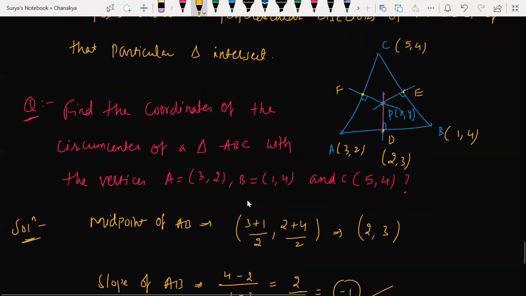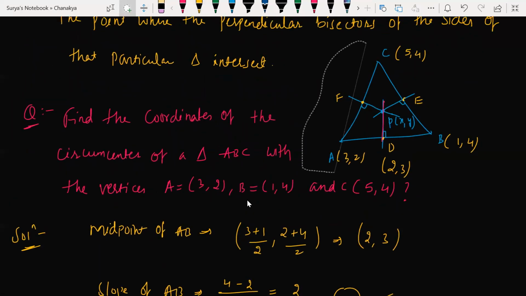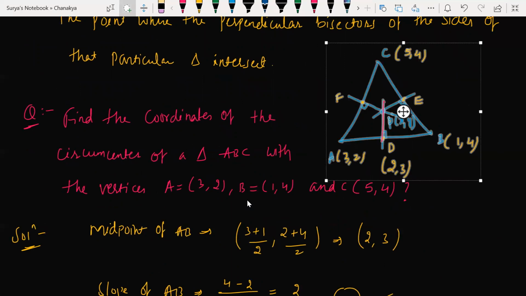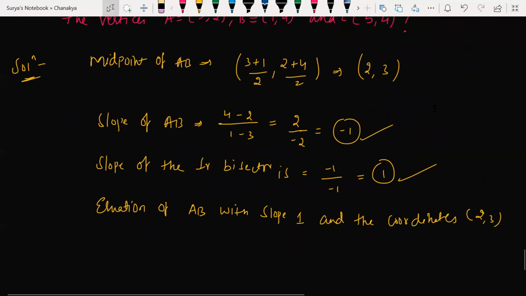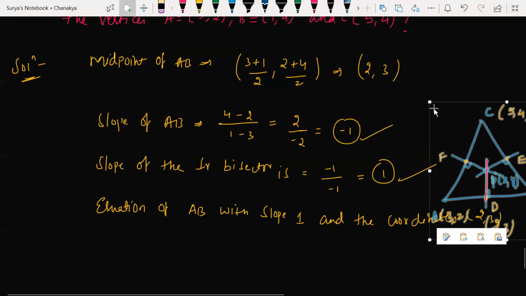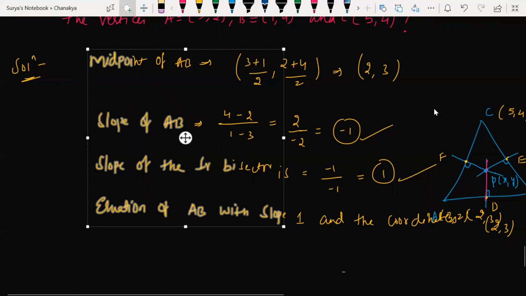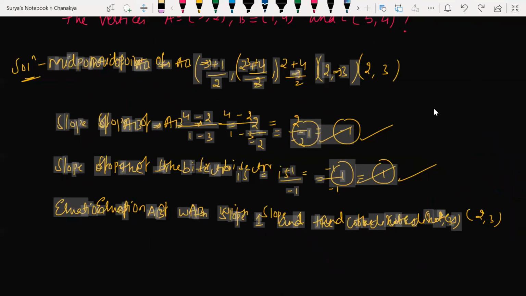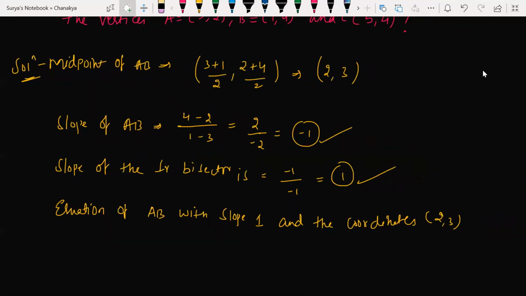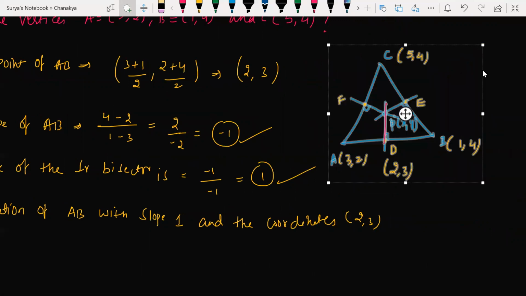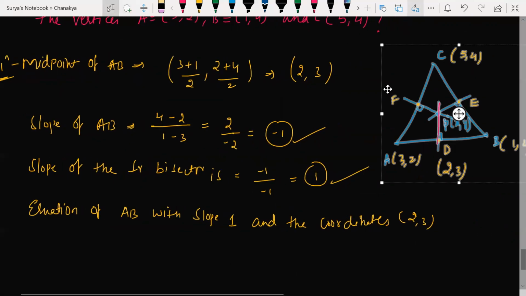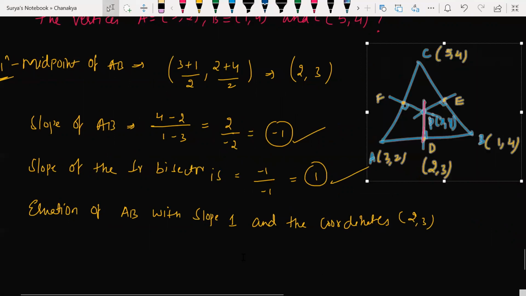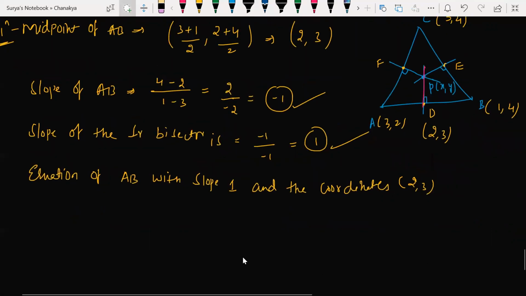All right. So let me pull this diagram somewhat down. So tell me, what is the equation? y minus y1 is equal to m into x minus x1.